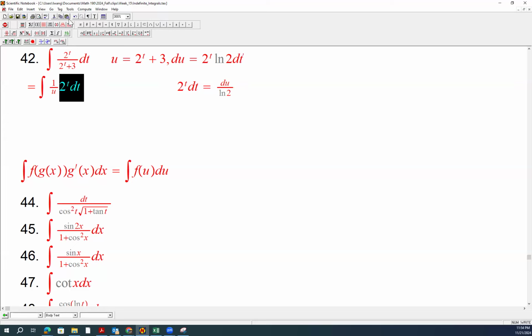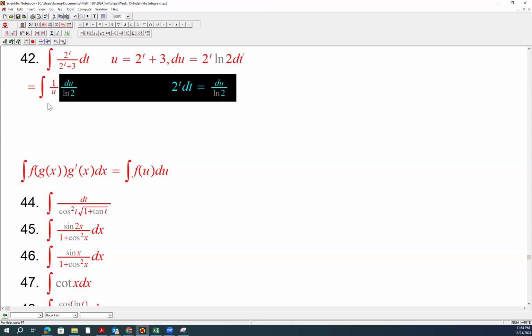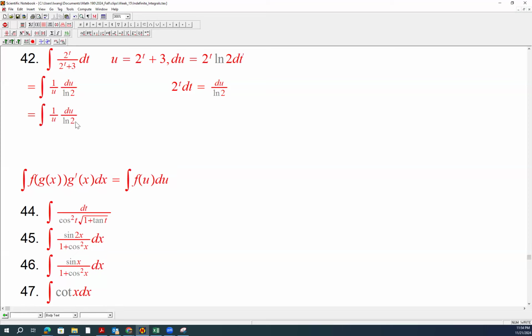So now entirely substituting, ln 2 can be brought to the front. And right here is just du. Oh, sorry, ln 2 should be here in the denominator, my bad.